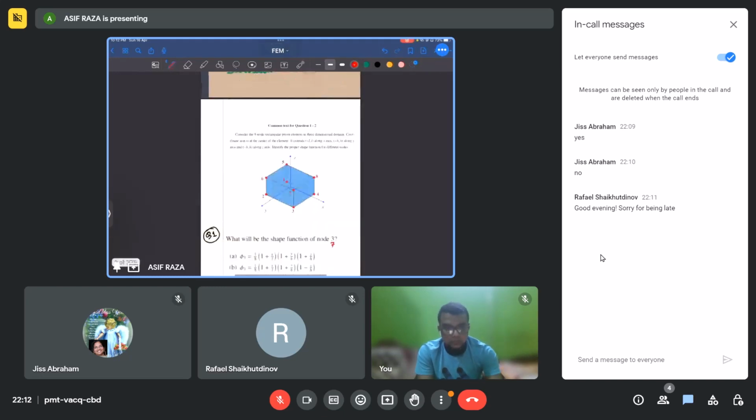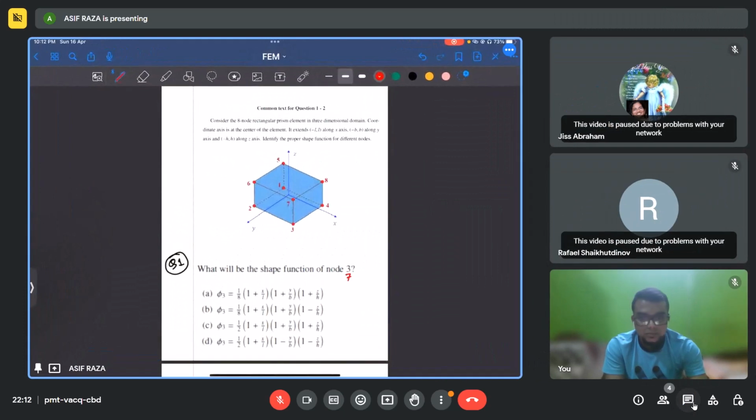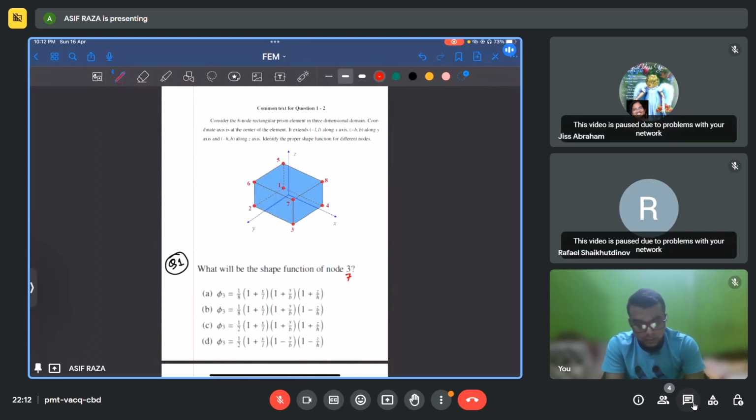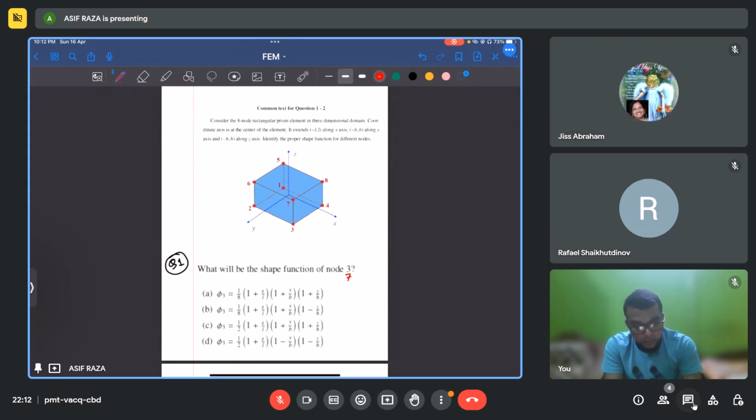Okay. So the first question is: consider the 8-node rectangular prism element in a three-dimensional domain. The coordinate axis origin is at the center of the element. It extends from minus L to L along the x-axis, minus B to B along the y-axis, and minus H to H along the z-axis. Identify the proper shape function for different nodes.